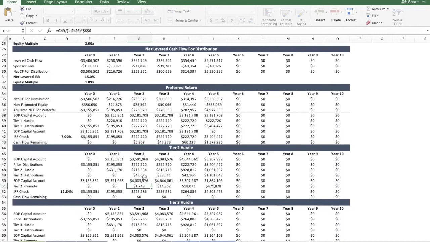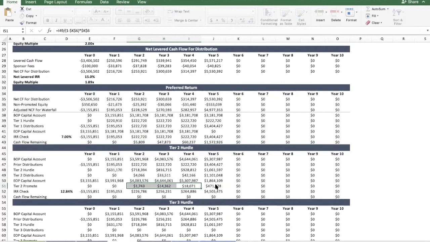And you can see when they sell, the sponsor's only making 472,000 instead of the 510, I think it was. Right. So you're making more dollars on a gross basis because these monies here, instead of getting promote, were going towards paying down the investor capital account. So as a sponsor, if you're willing to forego your promote until the capital event, you'll make more money on a nominal basis, less money on a net present value basis, of course.